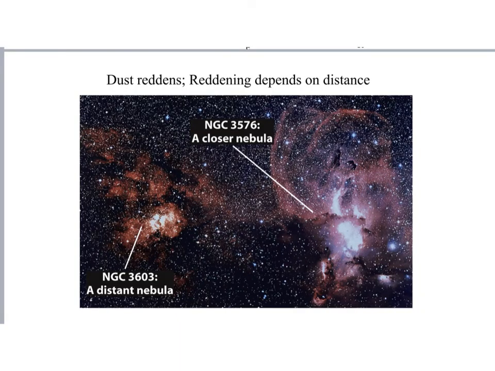Yeah, so this is another example of the fact that dust reddens, and also that this reddening process depends on the distance. So here are, for example, two nebulae. This is a closer one, so not as red, because there is dust that scatters light coming from the stars, and even if that light is blue, it is going to be scattered at longer wavelengths, so it's going to look redder.